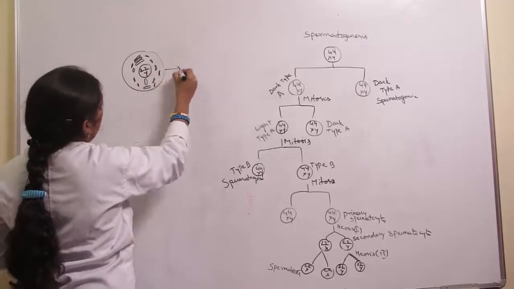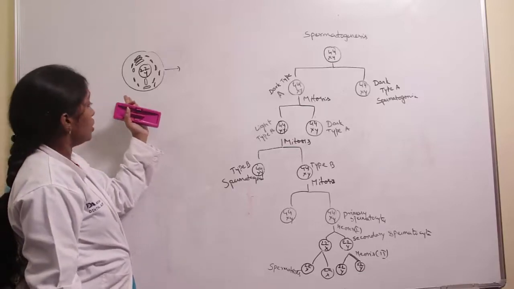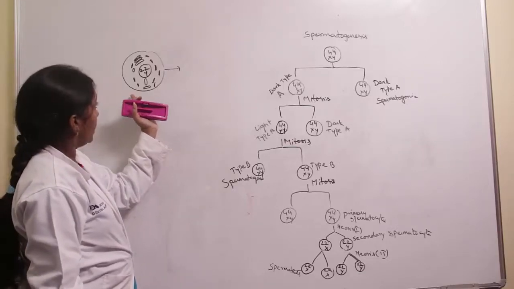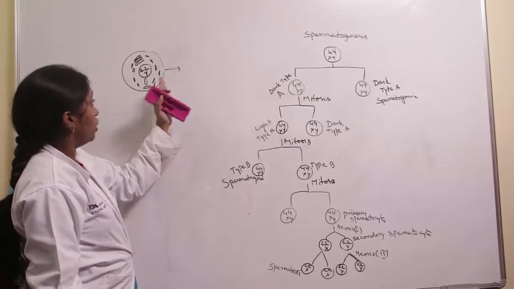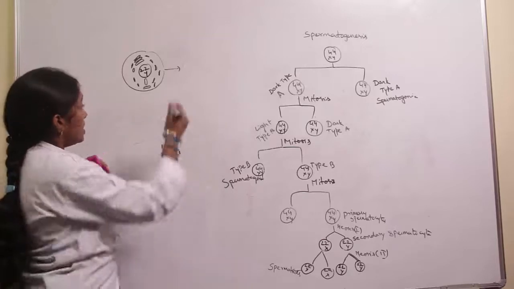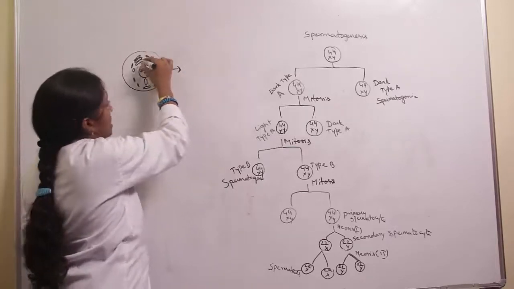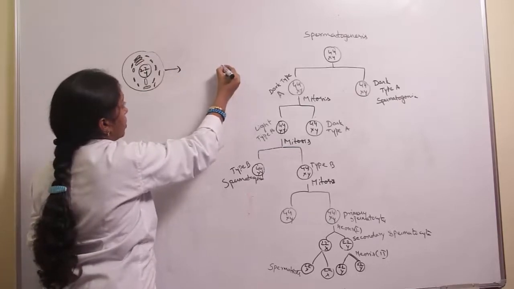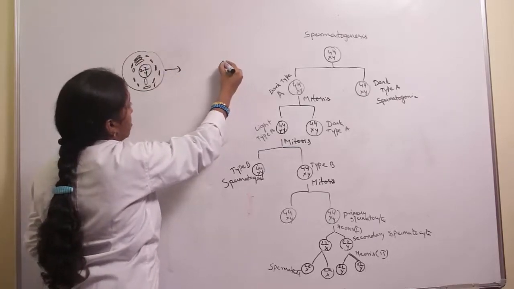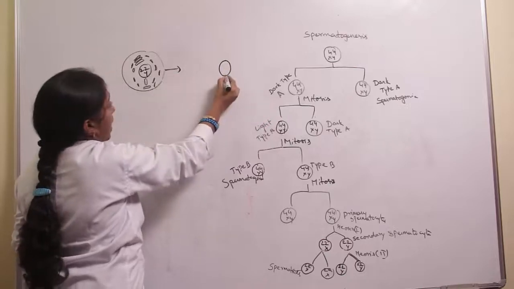Okay, now the process of spermiogenesis. The conversion of spermatid to sperm is called spermiogenesis. Here, the nucleus forms the head of the sperm.